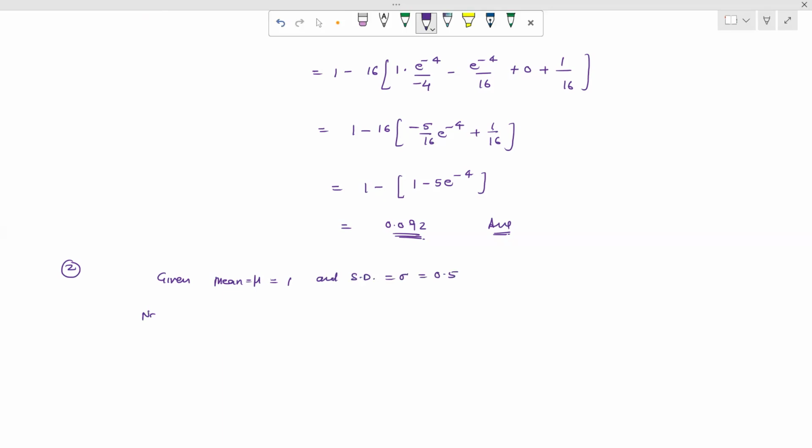So now we calculate the parameters lambda and alpha.